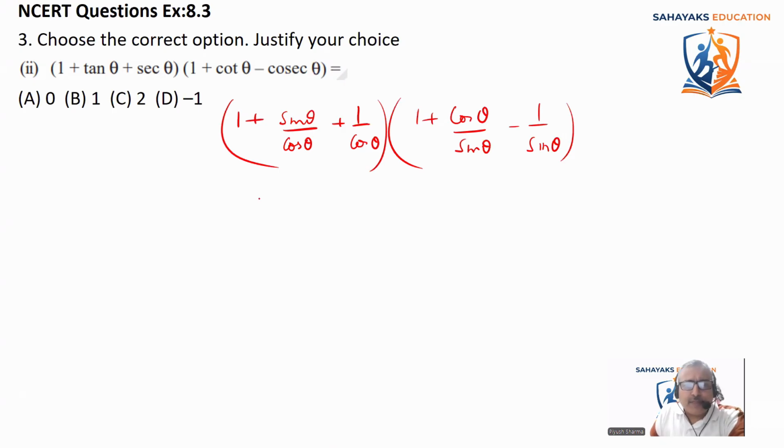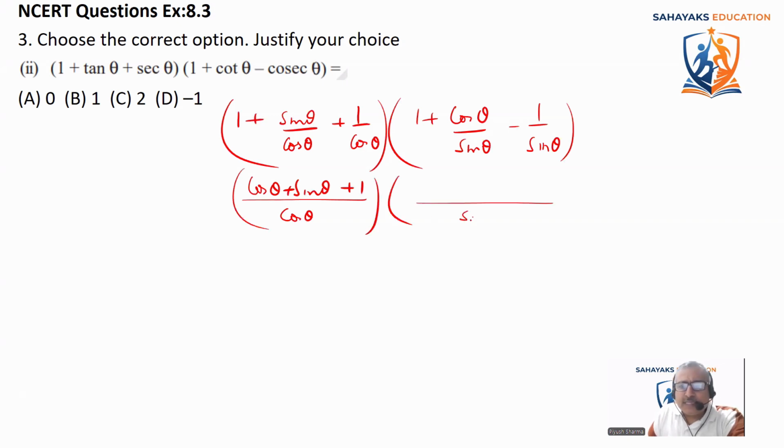On this side, the LCM comes as cos theta, so it becomes cos theta plus sine theta plus 1. And here the LCM is sine theta, so it becomes sine theta plus cos theta minus 1.